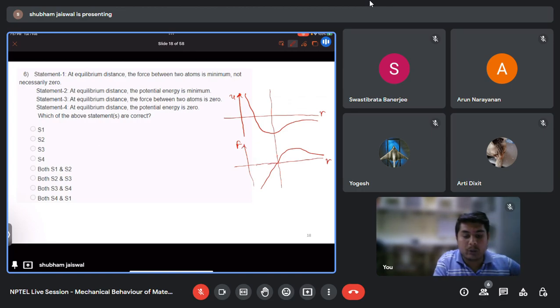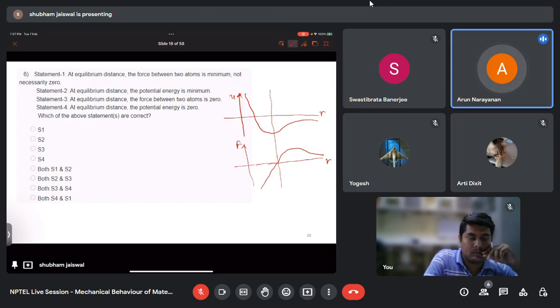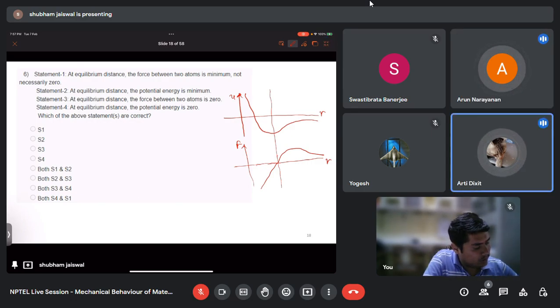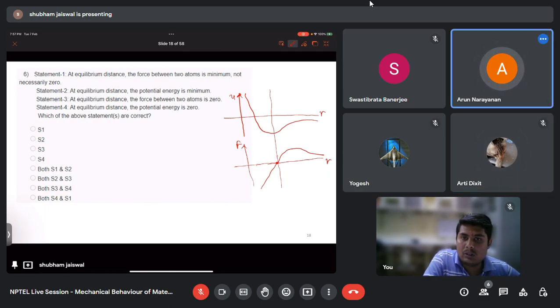Yeah, guys, now try to answer. Actually, the force between the two atoms should be zero at equilibrium, not minimum. And the potential energy must be minimum, not zero.